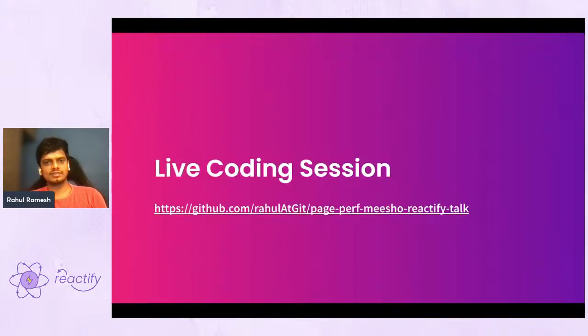So far you have seen theoretically what web vitals are, what the way to measure them is, what their importance is, and what the best practices are. But if we follow the best practices that are mentioned, we will have to compromise on many other things, right?